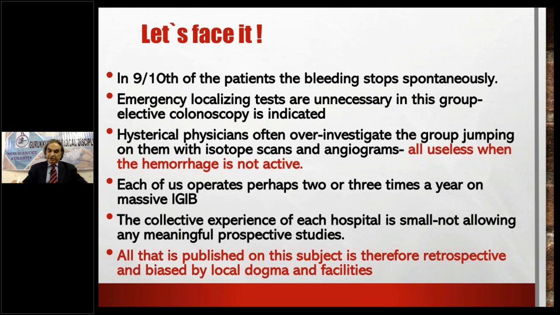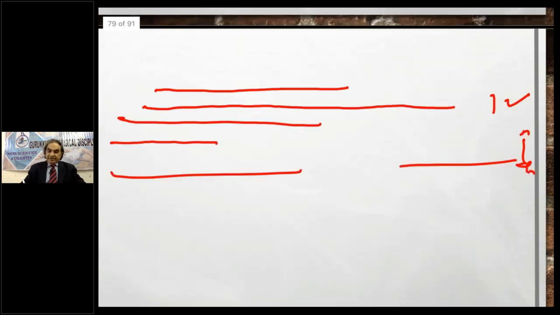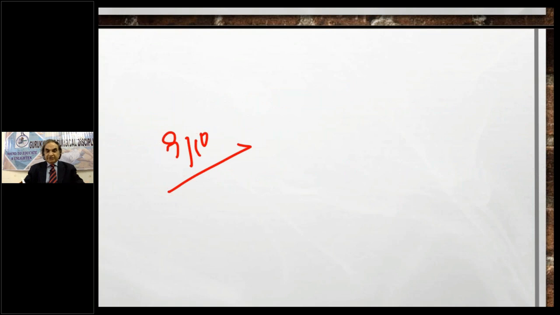So in all situations, when you know that 9 out of 10 will stop, forget about those fancy tests, go to a colonoscopy. There's no role of mesenteric angiography. Scans are, of course, mostly useless.